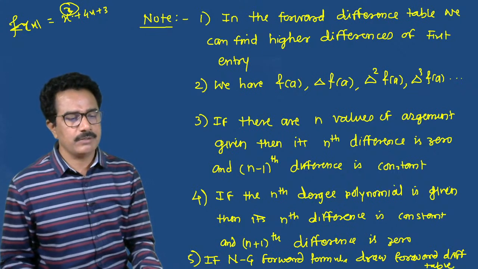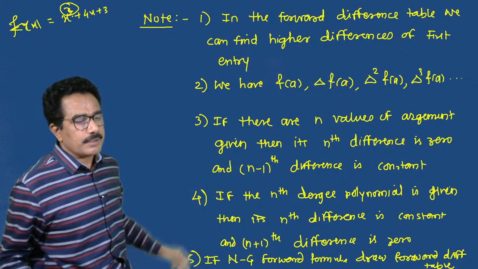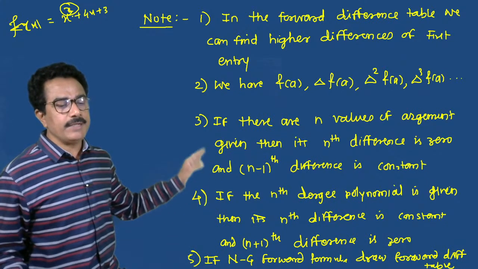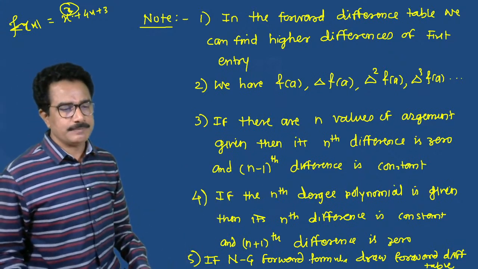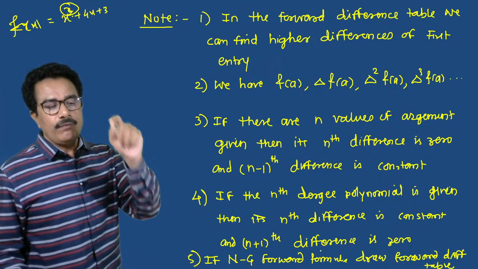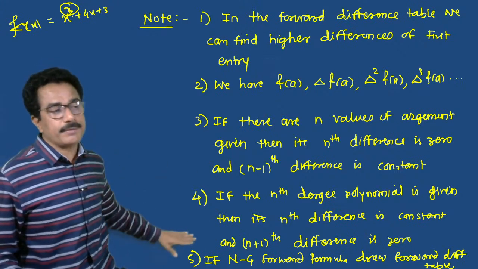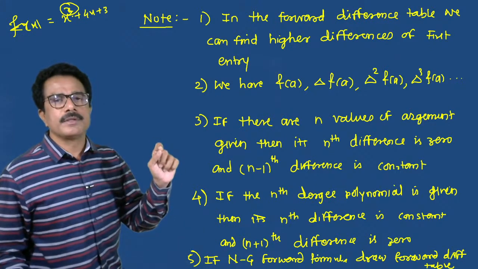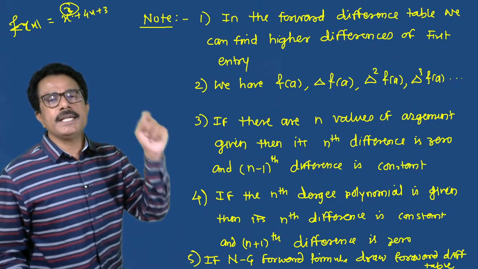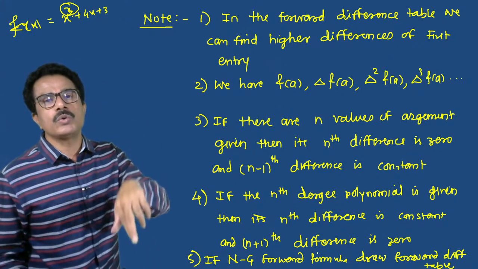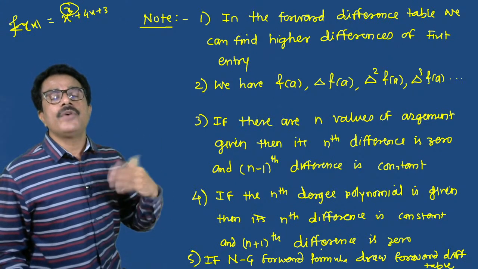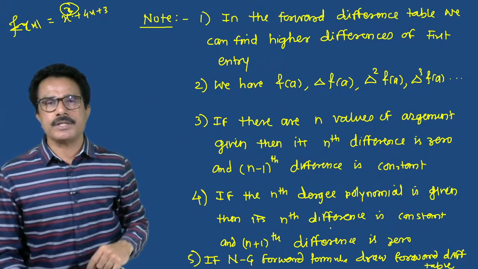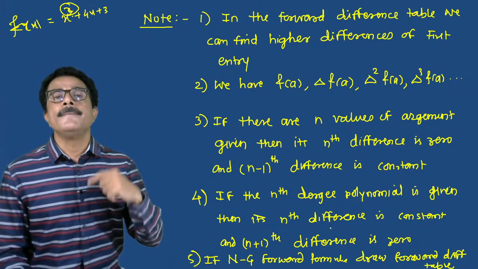If you want to use Newton's Gregory forward interpolation formula, then you have to draw the forward difference table. Note this last note: for Newton Gregory forward interpolation formula, you have to draw the forward difference table, and to use Newton's Gregory backward interpolation formula, you have to draw the backward difference table.